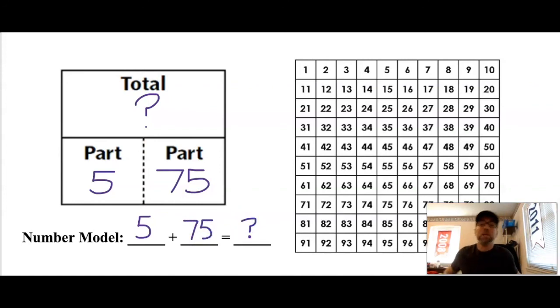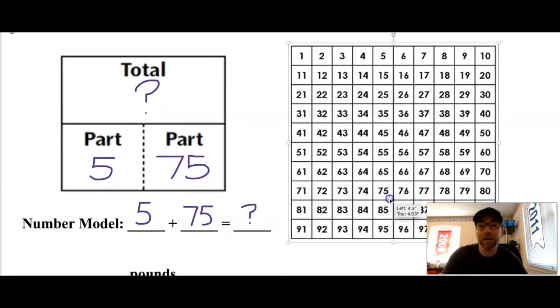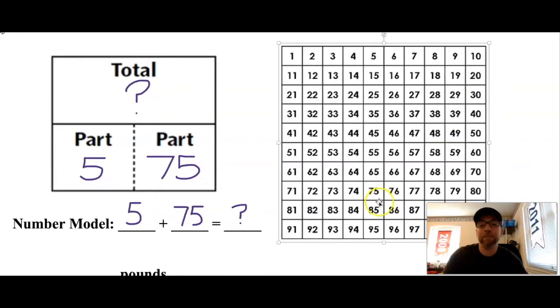Now, hopefully, you use the efficient way to solve this problem. Hopefully, you did 75 to start. Once you find 75, then all you have to do is count up 5 spaces. 1, 2, 3, 4, 5.